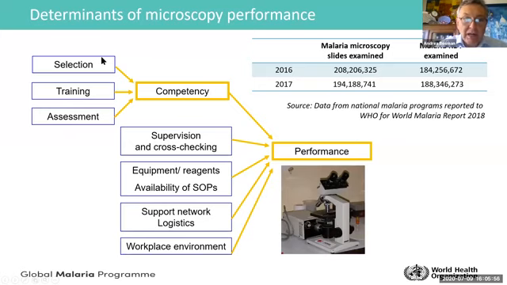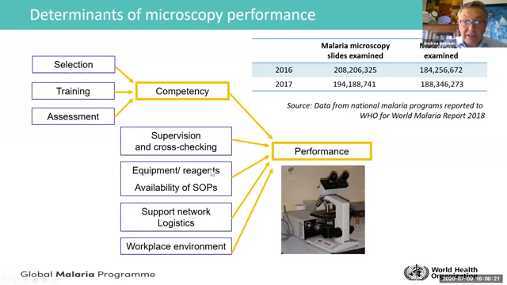And one is clearly how the lab technician has been selected by the School of Lab Technicians, how he has been trained, how it's been assessed, and all this really enters into the competence. But there is also a lot of issues around supervision, and are they being checked on a regular basis?